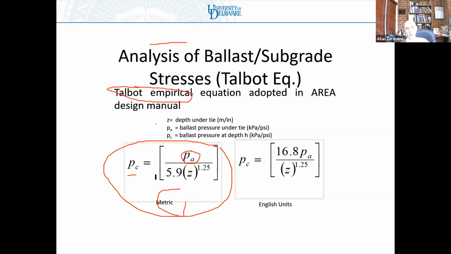It can also be used to give you your ballast pressure at depth Z. So you can use it either to solve for the depth that you have a given ballast pressure for, or you can calculate the ballast pressure as a function of the depth, either way.